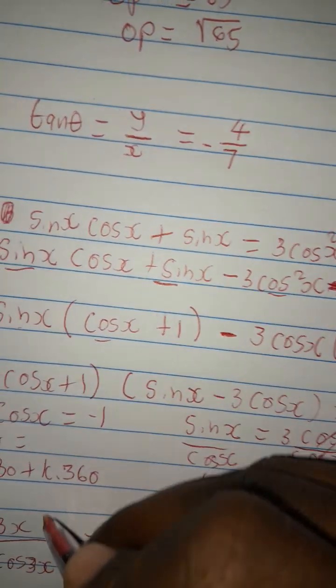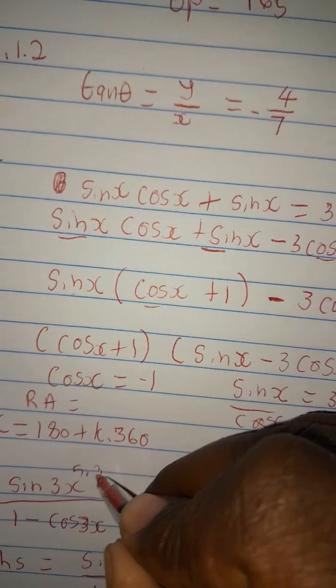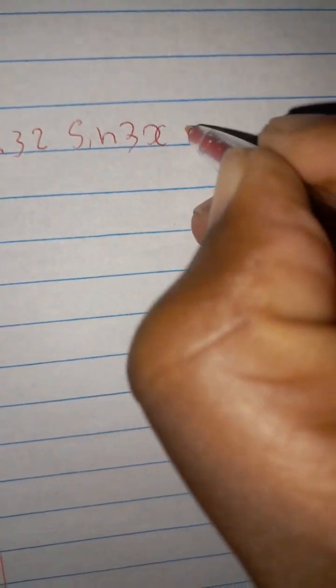We said that it will be undefined when it's sine. Remember, this is 5.3.2, and the one that we were doing here was 5.3.1. So it will be undefined when this is 0.